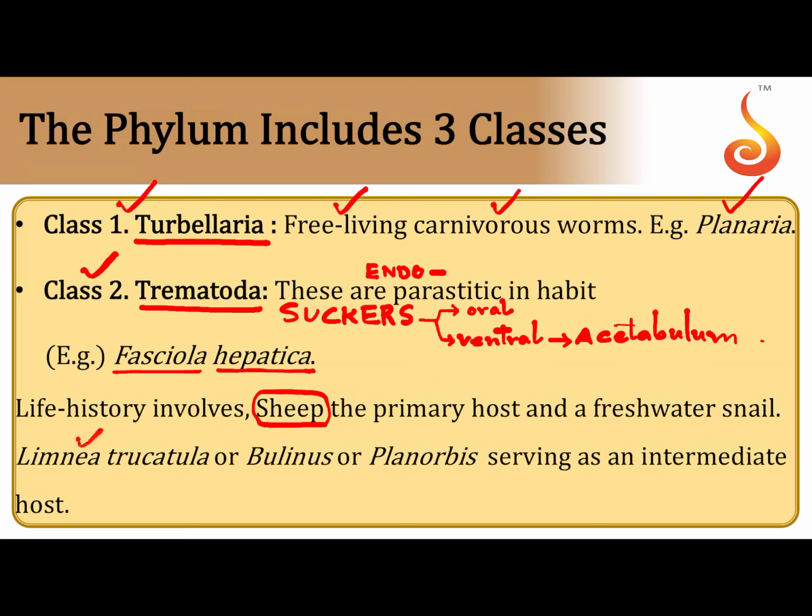It is Limnaea truncatula, Bulinus species or Planorbis species, which serve as intermediate host. So the most famous member of class Trematoda is Fasciola hepatica, which is commonly referred to as the liver fluke.